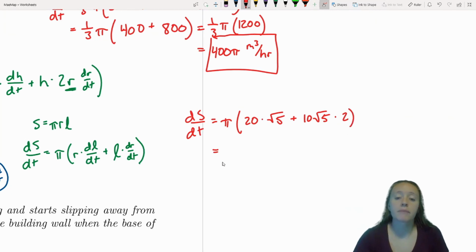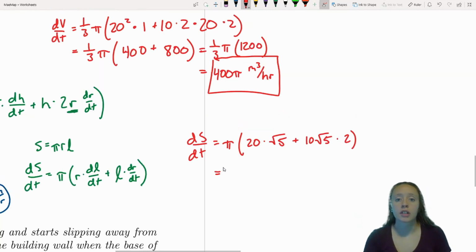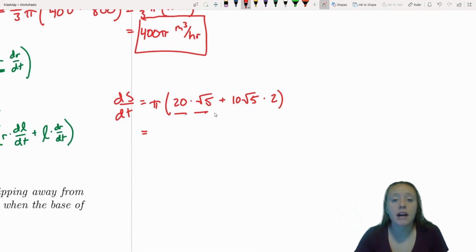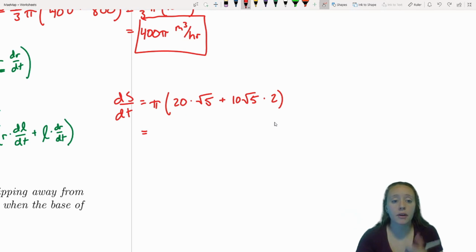That's going to give me, and remember this is the surface area per time, so if I were to fill in all my labels, meters squared per hour, because I have 20 meters times meters per hour plus meters per hour times 2 meters. That's going to be meters squared per hour added together, which leaves me still with meters squared per hour for my unit.